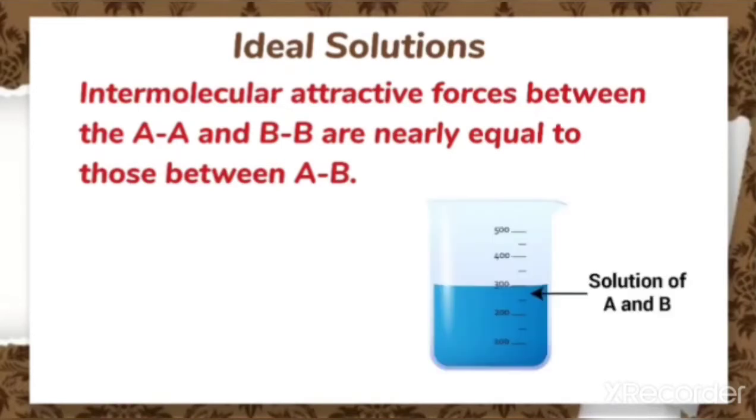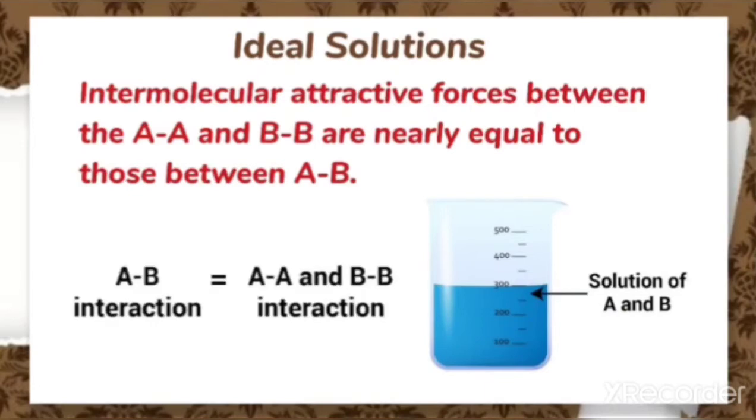So in the solution of A and B, the AB interaction, that means the force of interaction between the solute and the solvent, is equal to the interaction between the molecules of solvent and between the molecules of solute. Here AA means the solvent molecules, whatever the intermolecular attractive forces there, and whatever the intermolecular attractive forces between BB, that is the solute molecules, the same attractive forces will be there between the solvent molecule and the solute molecule.